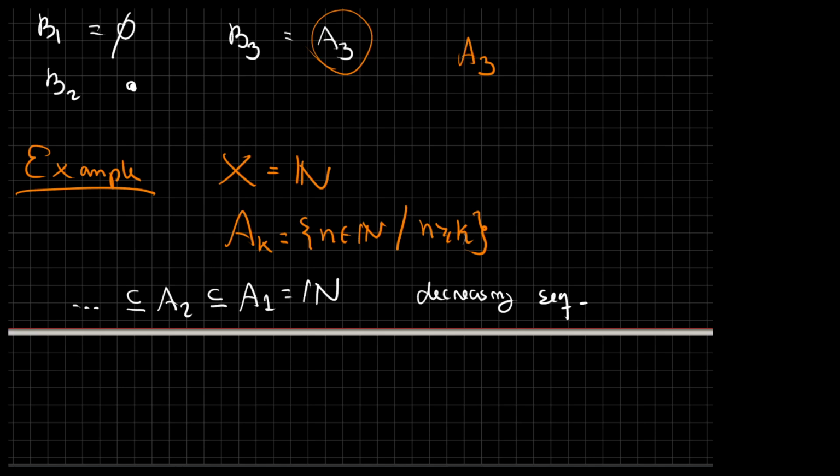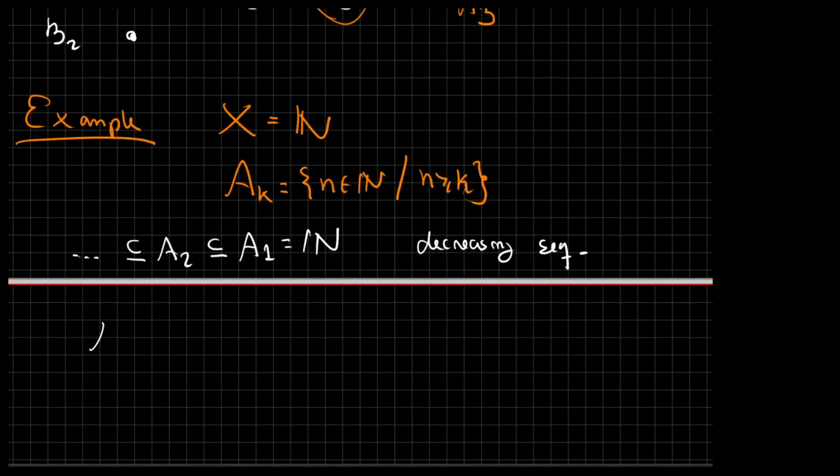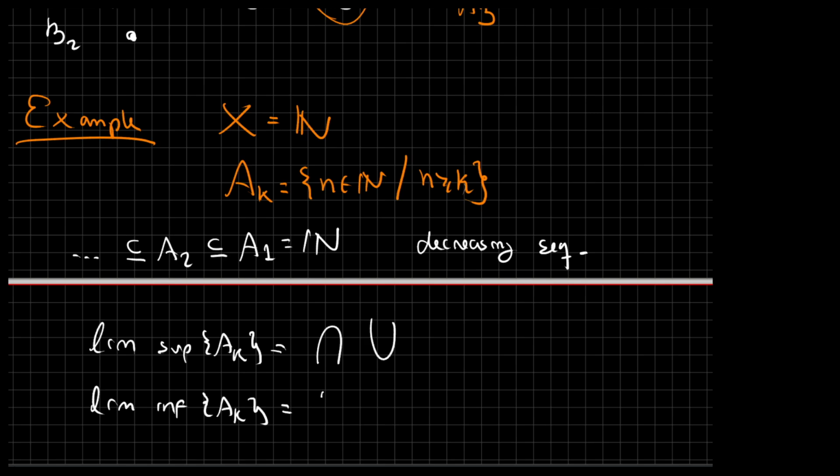So what is the limit of the supremum and the limit of the infimum? Well, for the limit of the supremum, you make the intersection of the unions, and for the limit of the infimum, the union of the intersections. So let's complete it here.